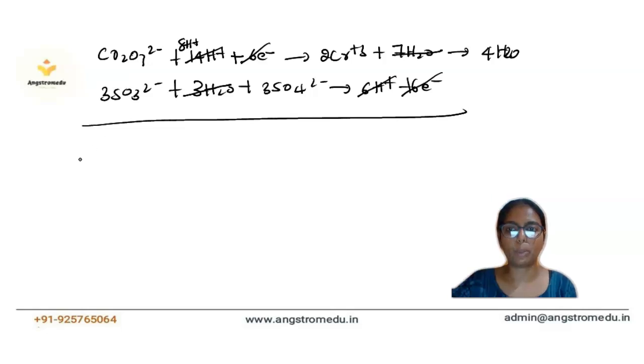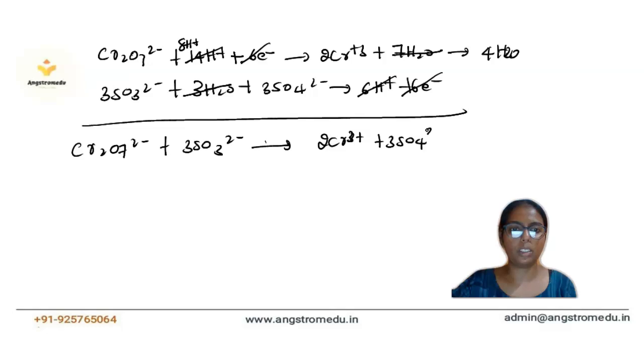If we add both reactions, we get the final reaction: Cr2O7 2- plus 3 SO3 2- gives rise to 2 Cr3+ plus 3 SO4 2- plus 4 H2O plus 8 H+. So this would be the final balanced redox reaction.